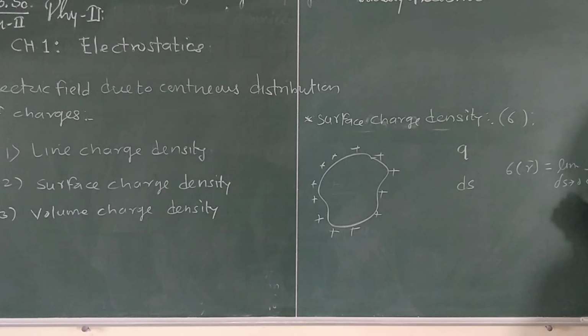The SI unit of surface charge density is coulomb per meter square, because area is measured in meter square and charge in coulomb.